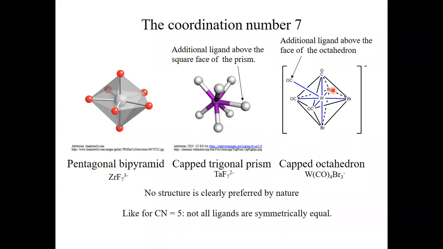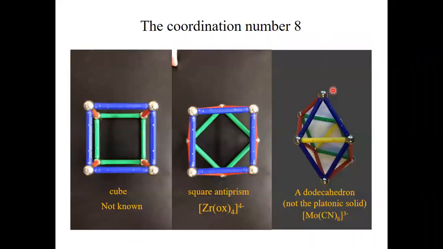All right, now let's go from the coordination number 7 to the coordination number 8. Okay, so the most simple shape that you could associate with the coordination number 8 is actually the cube. You see here a model of the cube, but the cube is actually not known.